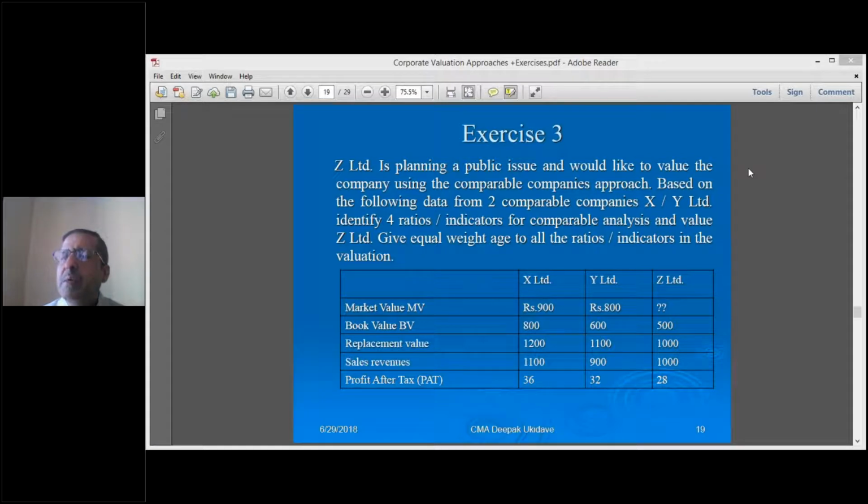Yes, Tanmay? Is my screen visible to the participants? Yes, sir. Yes, sir. Yes, sir. Yeah, it is visible. Okay. So any doubt? I have seen there are no questions. From time to time, I'm looking at the questions also. On this problem, if there are any questions, do write.